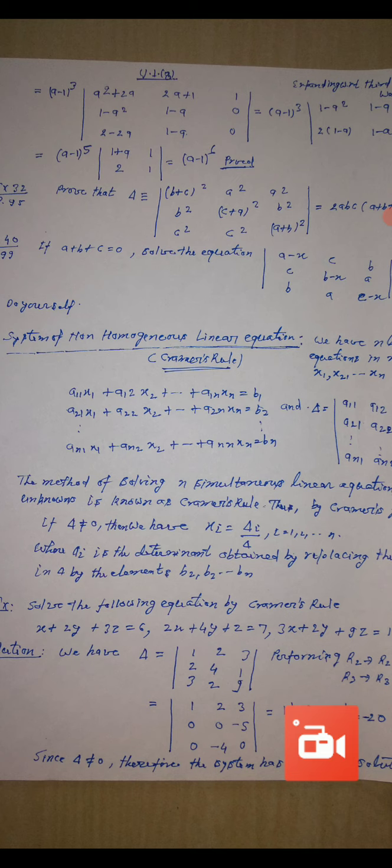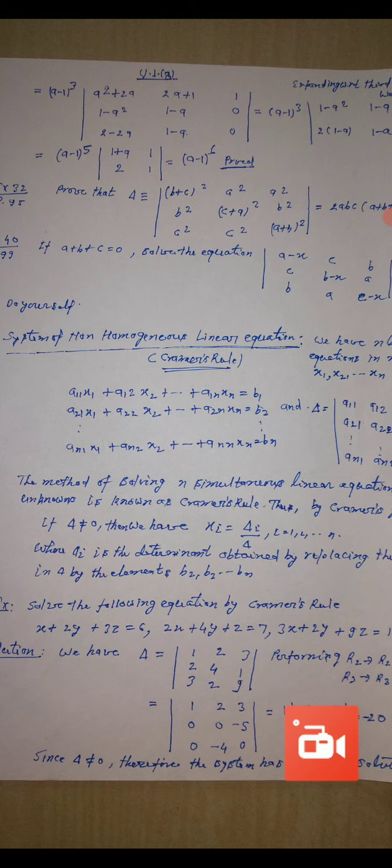We have n linear equations in n unknowns x1, x2, up to xn: a11 x1 plus a12 x2 plus so on, a1n xn is equal to b1; a21 x1 plus a22 x2 plus so on plus a2n xn is equal to b2. Similarly, an1 x1 plus an2 x2 plus so on, ann xn is equal to bn.